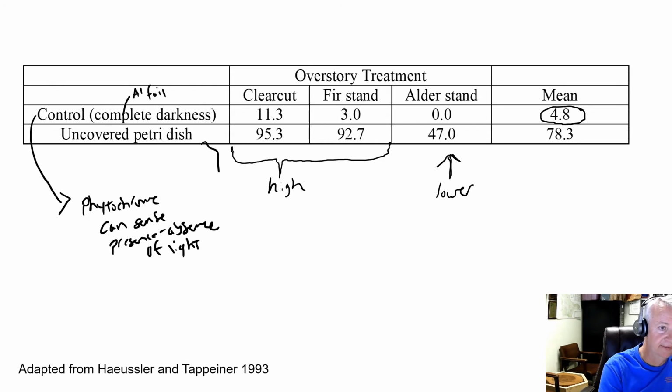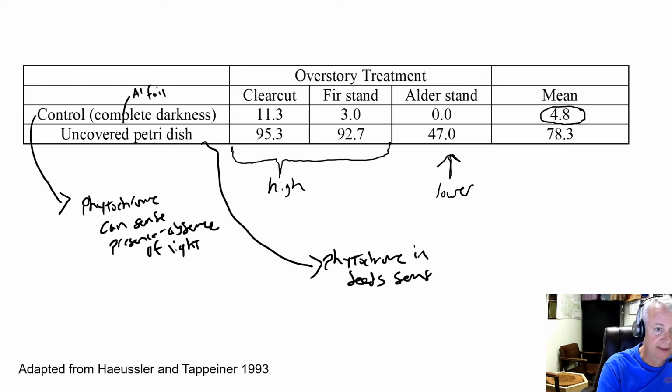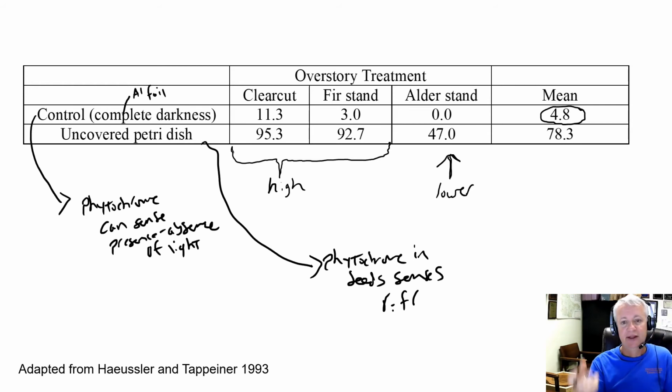But also, as we know, phytochrome in seeds senses red to far red. Because like we said, the red to far red underneath a conifer canopy like Douglas fir is similar to the red to far red in the open, like in the clear cut. Whereas in the alder stand, the red to far red ratio is lower.